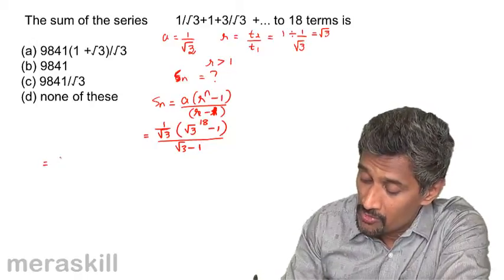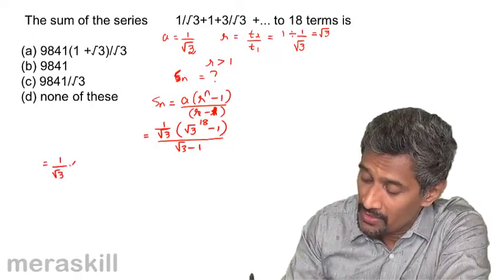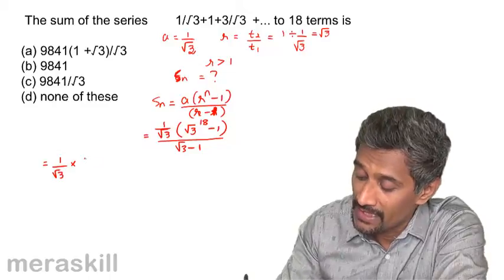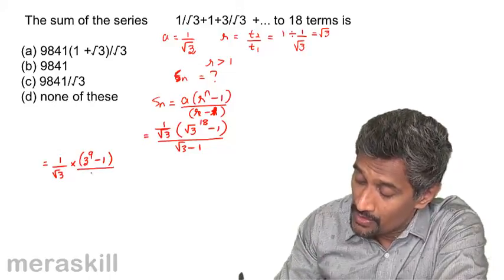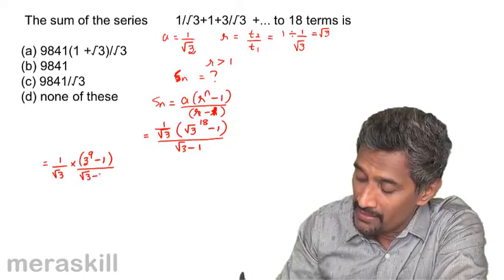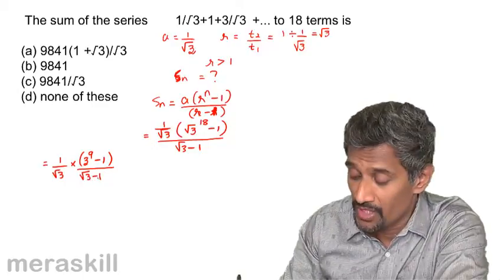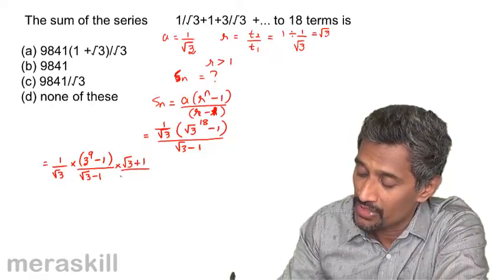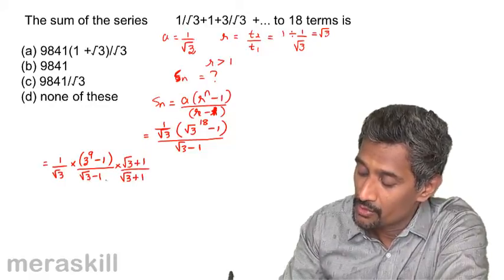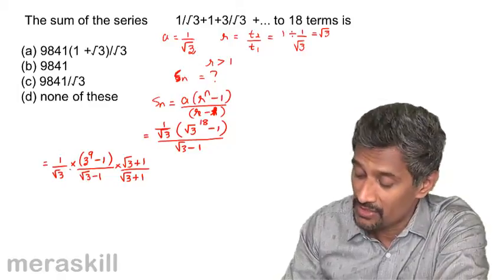Now this will turn out to be 1 upon root 3 into, root 3 raised to 18 is the same as 3 raised to 9, minus 1, upon root 3 minus 1. Since it is root 3 minus 1, we can multiply both numerator and denominator by root 3 plus 1. We need to do that so that the denominator gets rationalized.